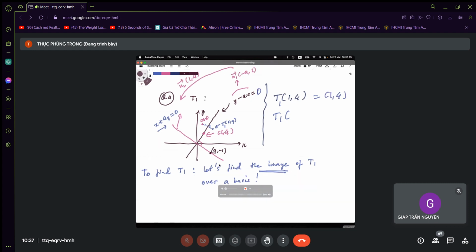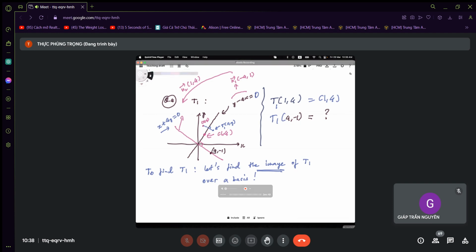So I may consider (4, minus 1) right here. We'll see the image of this one. Of course, you may guess it's right here, so it would be (minus 4, 1), right? So this one is the reflection of (4, minus 1), because of the definition of T1.